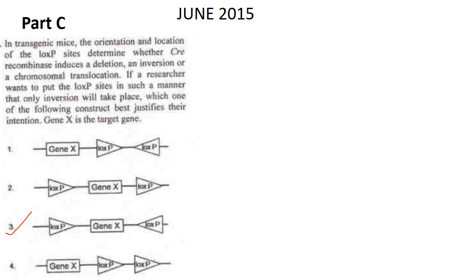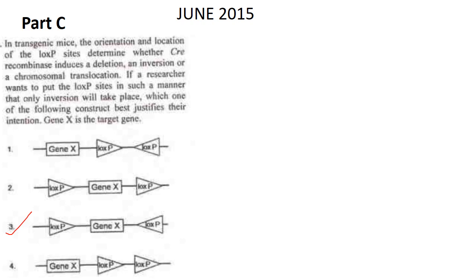Gene X is the target gene. So I have already told you that if the LOXP sites are on the same DNA strand but are in opposite orientation, then it results in an inversion. If the LOXP sites are in the same direction, then it results in a deletion.